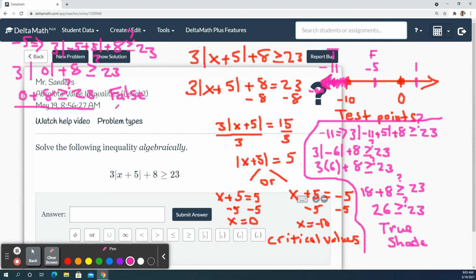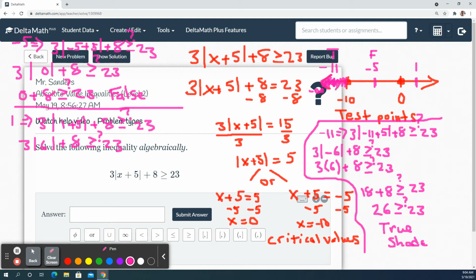And then the last one, let's go ahead and check our work with the 1. So now we're testing 1. 3 times the absolute value of 1 plus 5, end absolute value, plus 8, greater than or equal to, questioning it, 23. 3 times the absolute value of 6, plus 8, questioning if it's greater than or equal to 23.